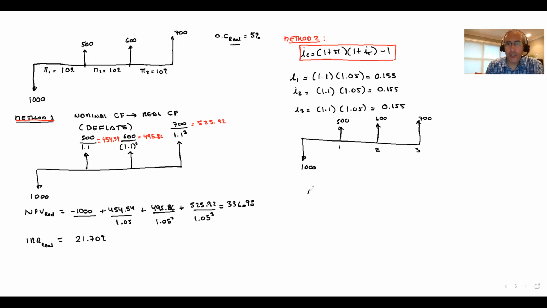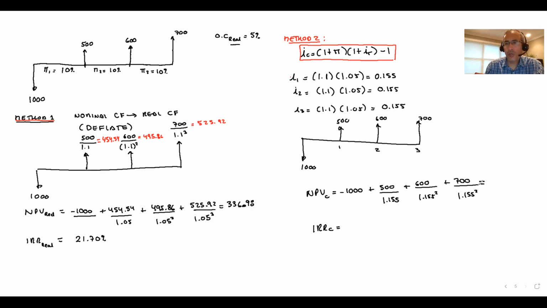And then my net present value, let's call it nominal or current, is going to be minus 1,000 plus 500 divided by the interest rate of the period, 1.155, plus 600 divided by 1.155 squared, plus 700 divided by 1.155 cubed. Then my internal rate of return current is going to be something.